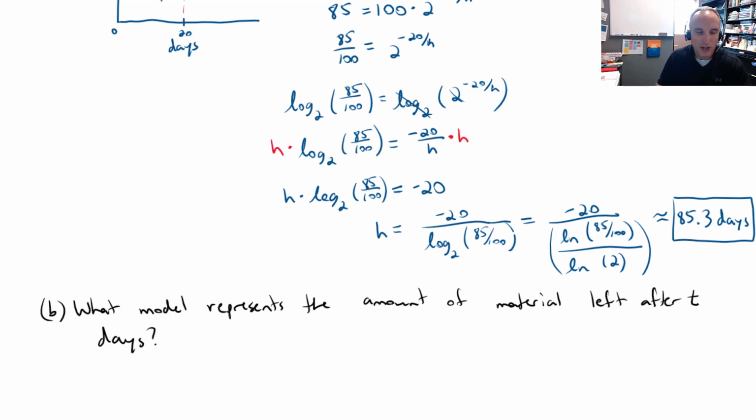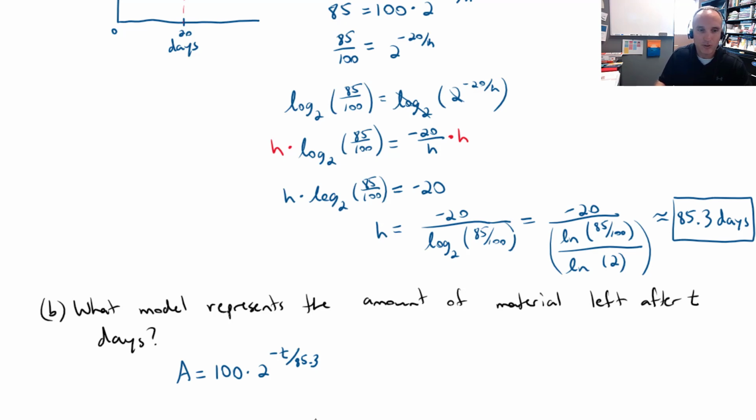Well, remember A naught and H are constants, and A and t are variables. So A equals A naught, which is a constant, so we started with 100%, times 2 to the negative t, t is a variable, over H, which is, now we know, a constant, 85.3.